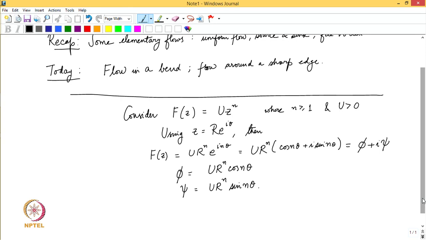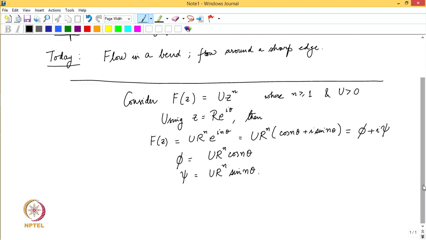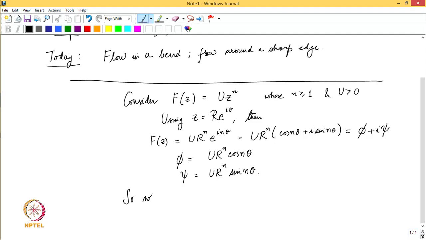Now, let me take you to the next key step, which is to identify a specific dividing streamline. There are various ways of calculating a dividing streamline. I find the easiest one to be the case where psi is 0, and it will become very clear why I am doing that. So, I am asking the question, when is psi equal to 0? That would be a particular streamline where psi is 0.